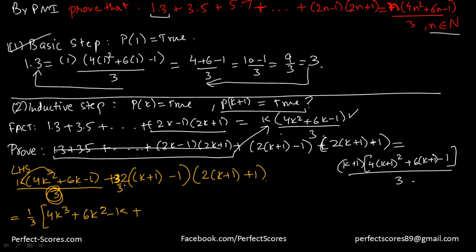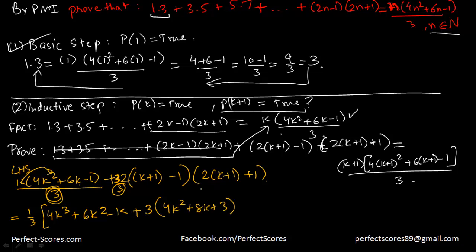Let's suppose this is 3 by 3, so taking 1 by 3 out means 3 is left here, and then I have 2k into k plus 1 into 2k into k minus 1. If I open this up, I'll be left with 4k square plus 8k plus 3.